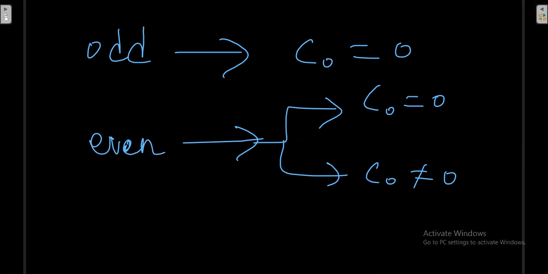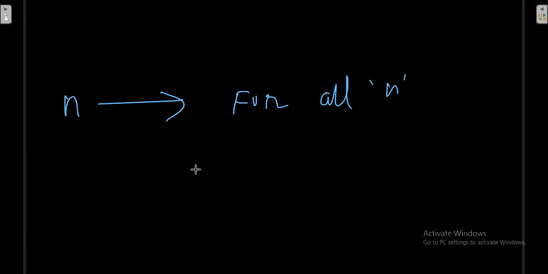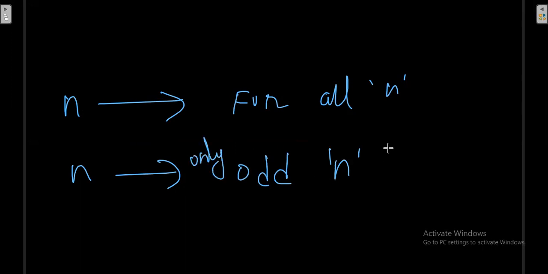Apart from this even and odd nature of the signal, in some cases we get coefficients for all n, and in some other cases we get only odd values of n, neglecting even values of n.